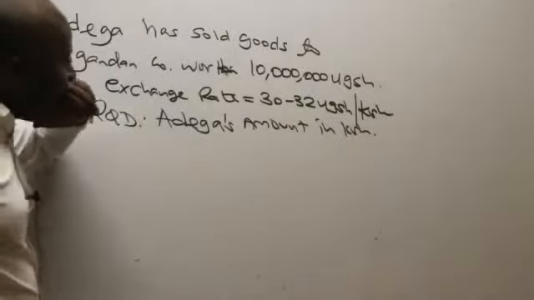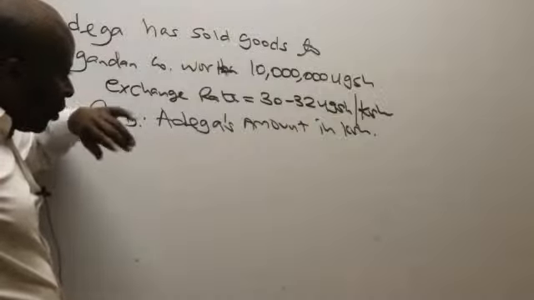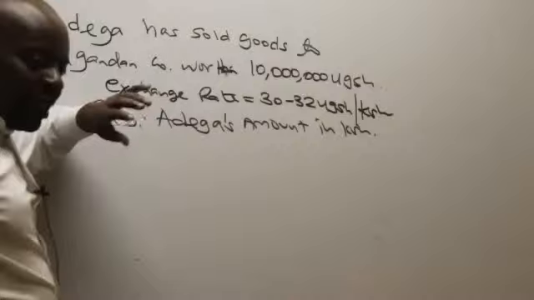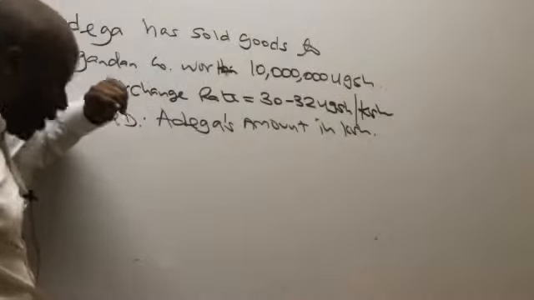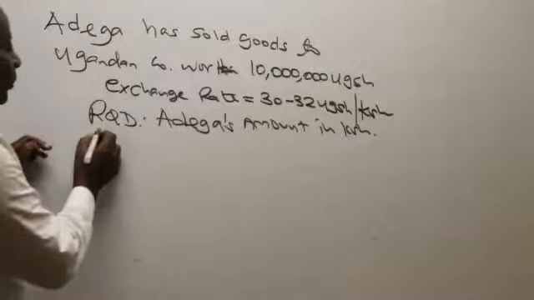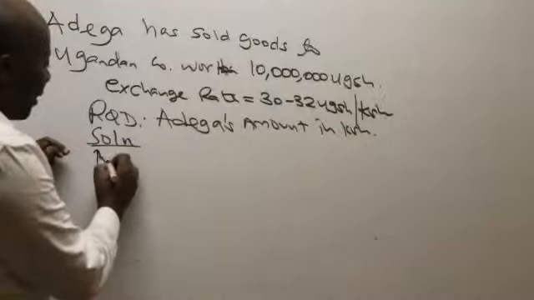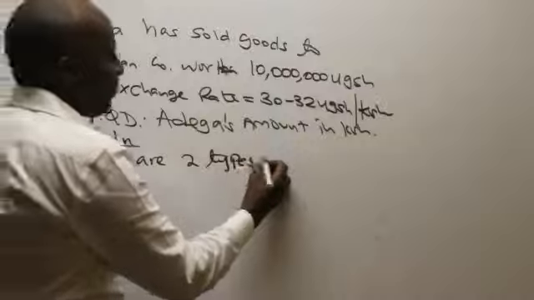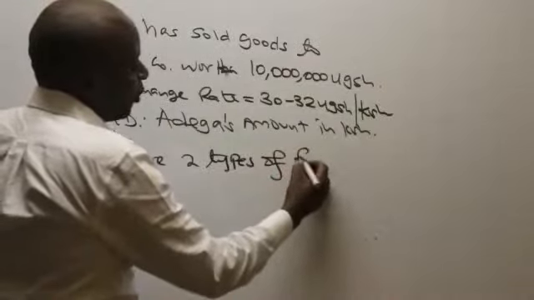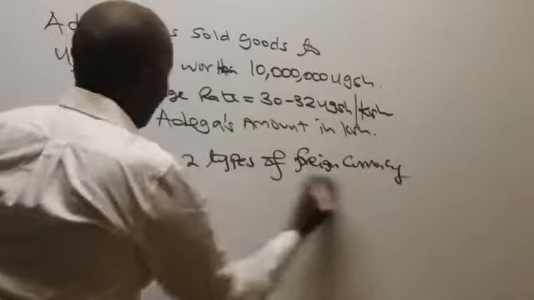Now, for sure, what happens here? Right solution. After the right solution, tell us there very fast that there are two types of foreign currency quotes.